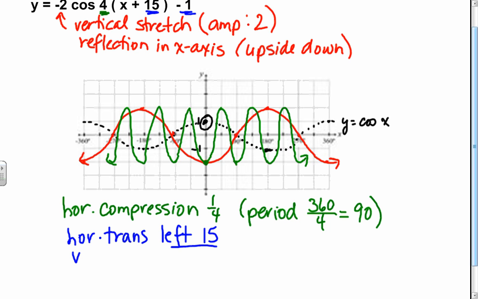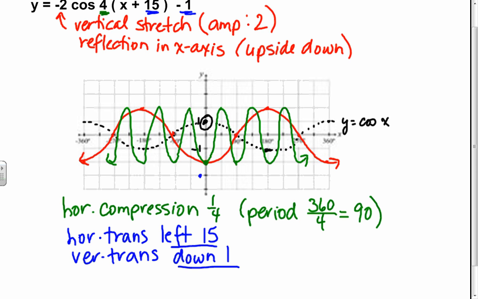Then I have a vertical translation at the end away from the x value, down 1. So I want to take my green function, move it left 15 and down 1. The down 1 is easy. The left 15 is left of a third of a square in this case. So down 1 square, left a third of a square.